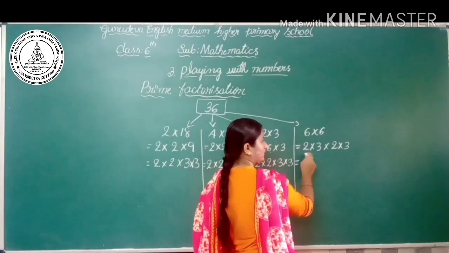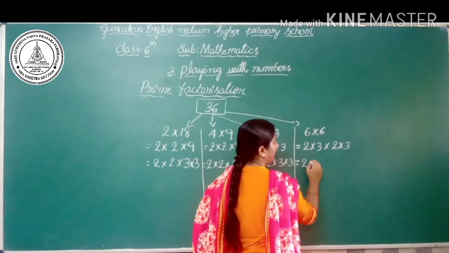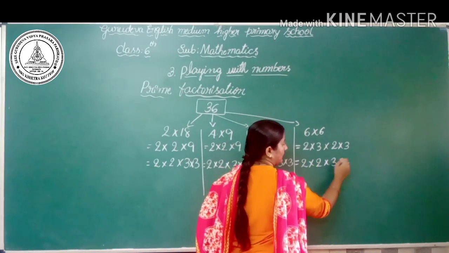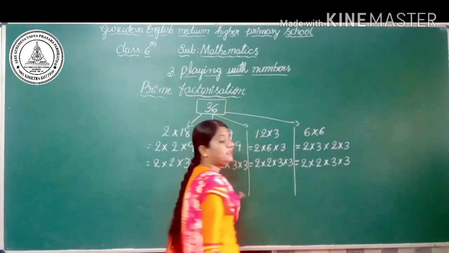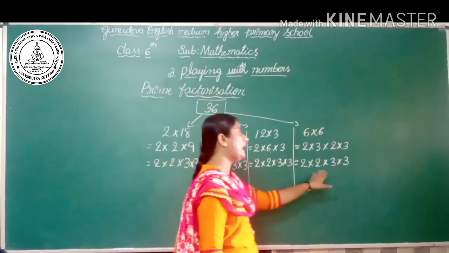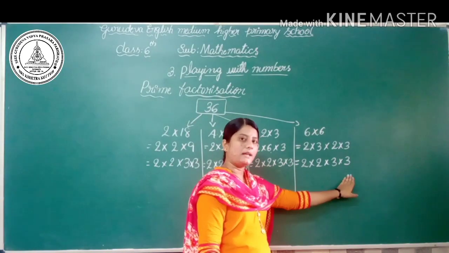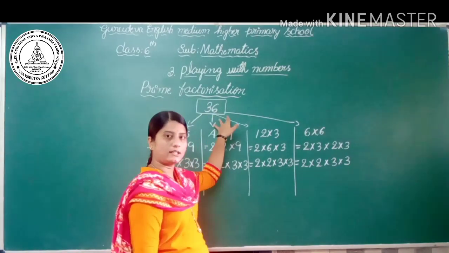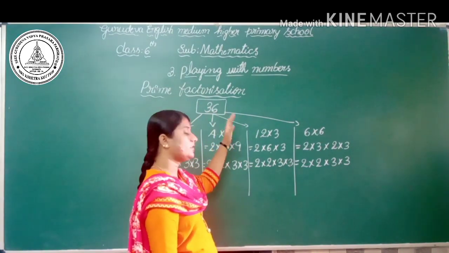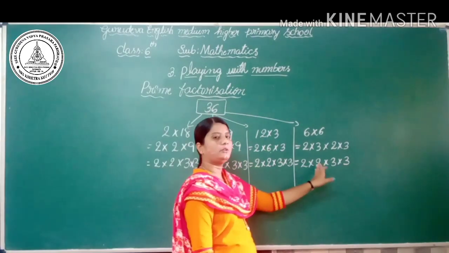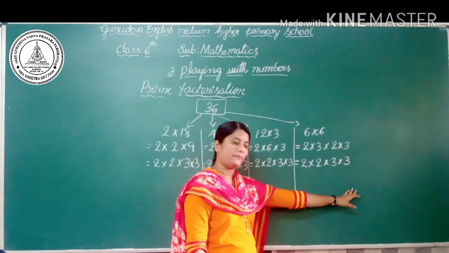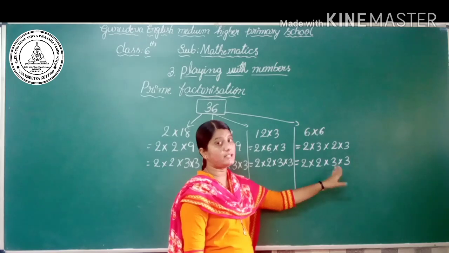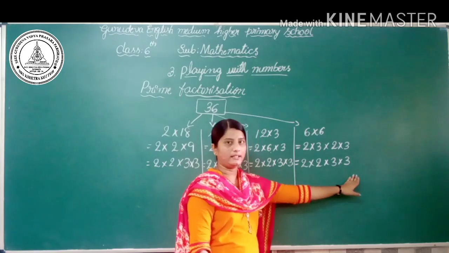So I will arrange the factors here: 2 into 2 into 3 into 3. Here also we can observe 2 and 3 are prime numbers. So it is the prime factorization of 36. So 36 we can also write as 2 into 2 into 3 into 3: 2 into 2 is 4, 4 into 3 is 12, 12 into 3 is 36.